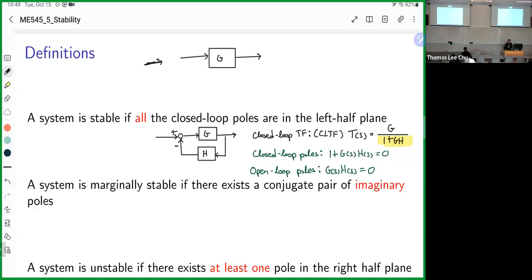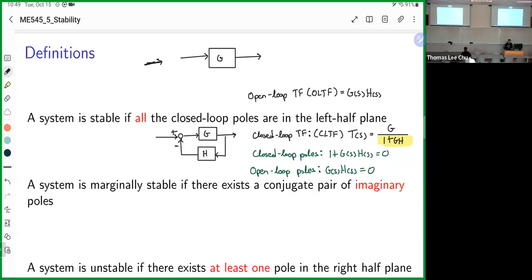If I ask for the open loop poles, be sure to include the H as well, because the definition of open loop system is G times H. So I'm going to write right here, open loop transfer function, you denote it as OLTF, is going to be equal to G(s) multiplied by H(s).